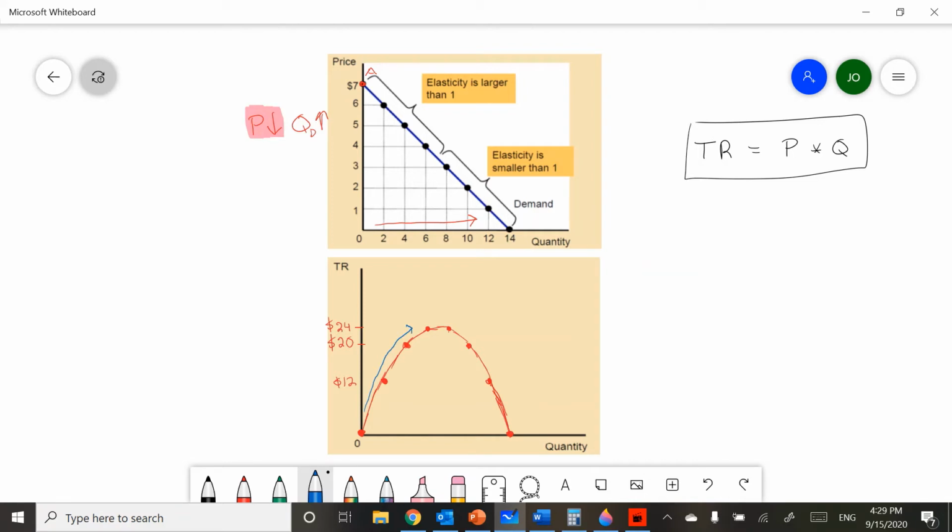It doesn't keep increasing, however. After a certain point, it levels out, and then it begins to go back down. So what is the relationship? Let's take a closer look.